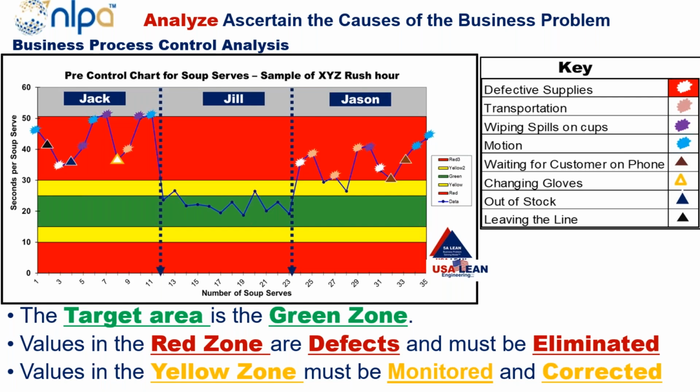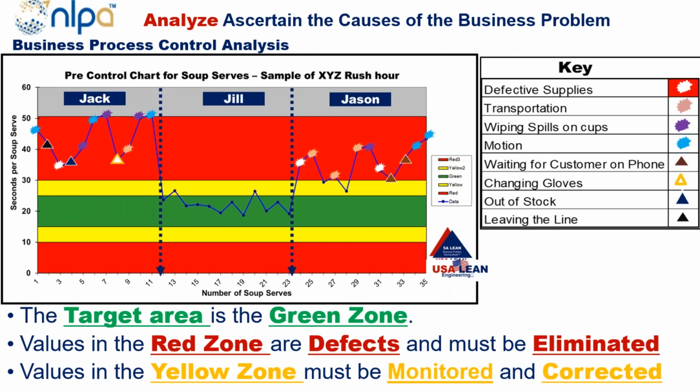Again, this one was based on a real world situation. I call it XYZ Cafe, a soup serving company that had 3 soup servers on the line to serve customers at the rush hour, and the time that the customers would have liked their soup to be served was 30 seconds.